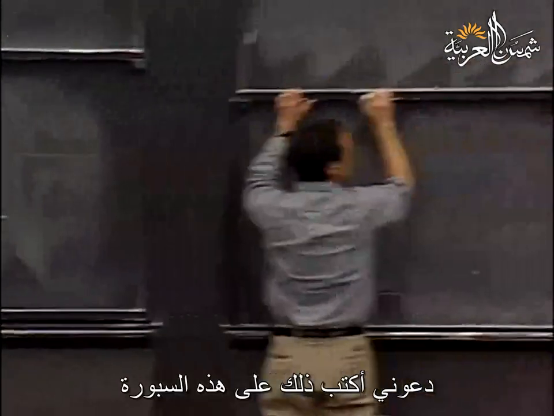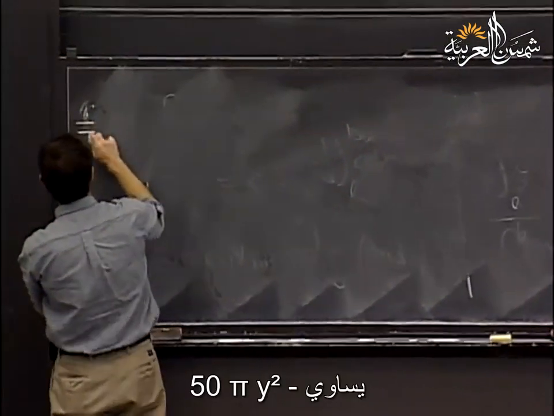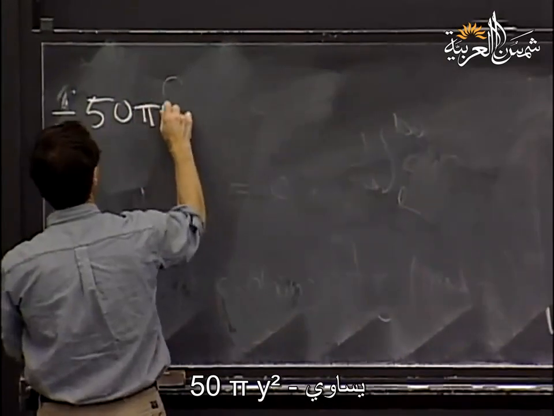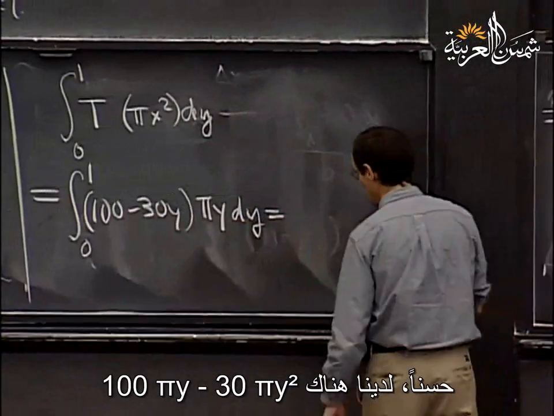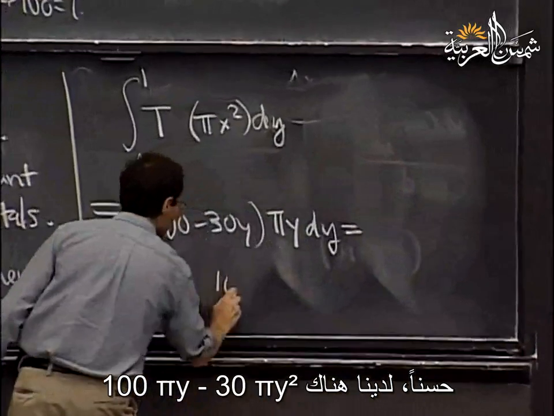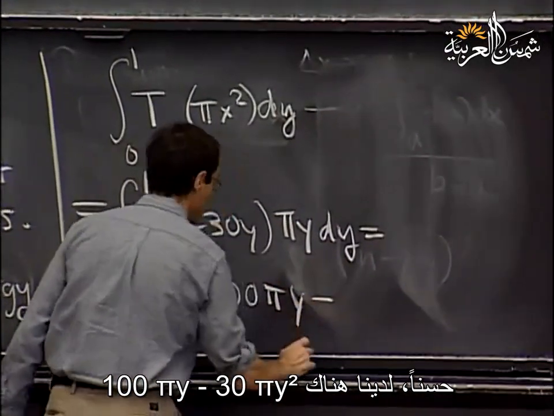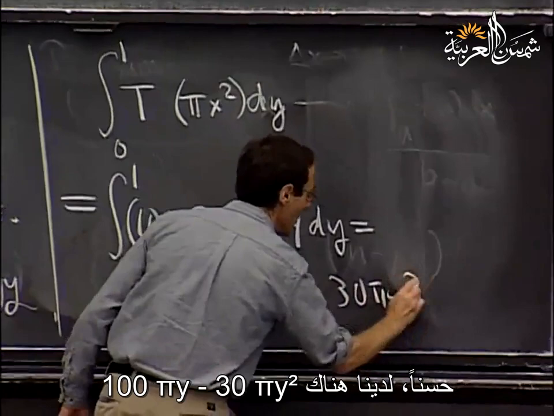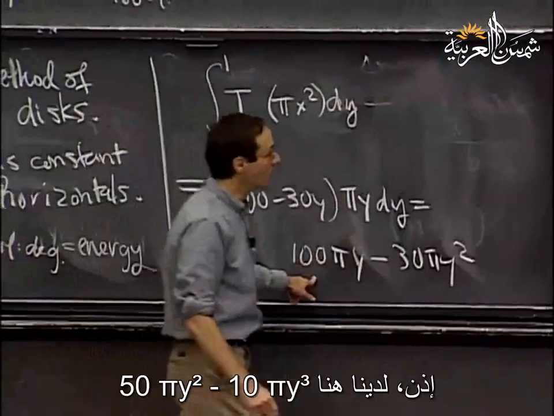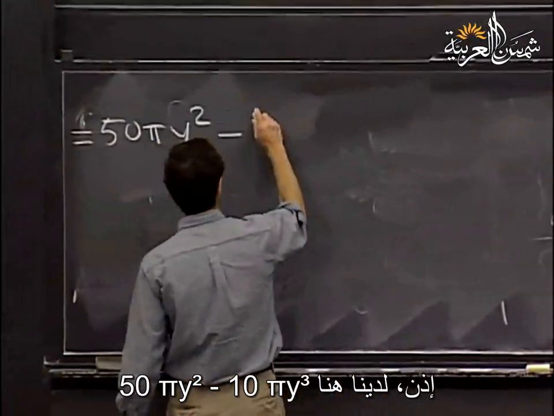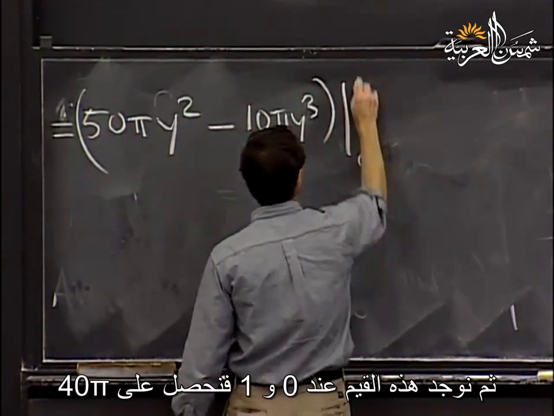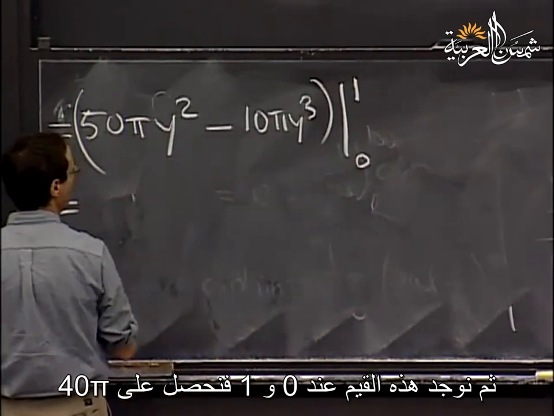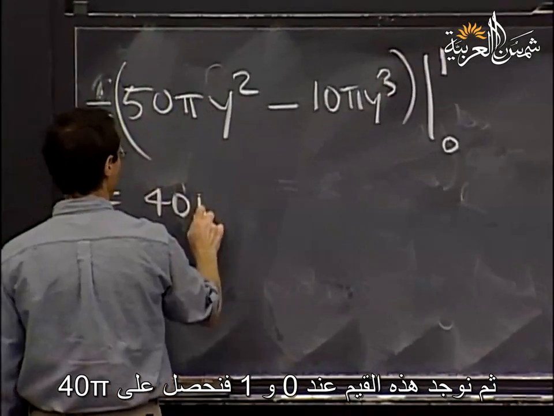Well, the integrand is 100 pi y minus 30 pi y squared, and I have to take the antiderivative of that. So I get 50 pi y squared, and I get 10 pi y cubed, evaluated at 0 and 1, and that is 40 pi.